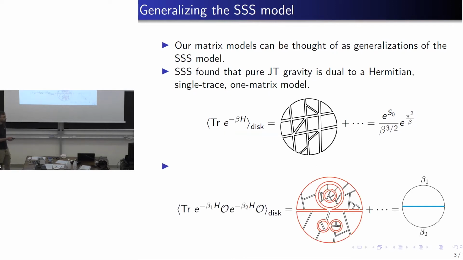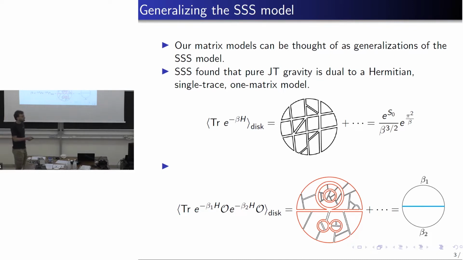When it comes to the generalization with matter, this is the picture that you should have in your mind. Here I can use my matrices O and H to compute a thermal two-point function, just like this. And then again, I just feed this into the ensemble average. As before, we're going to be working to leading order in S naught, or leading order in N, leading order in the genus expansion.